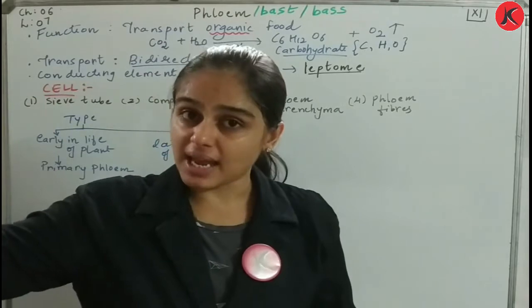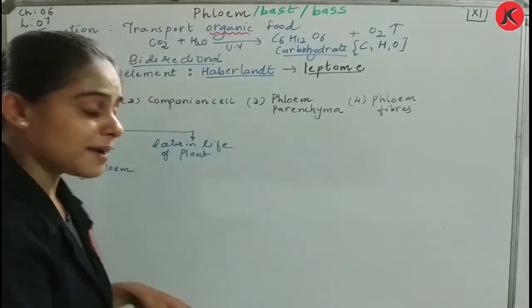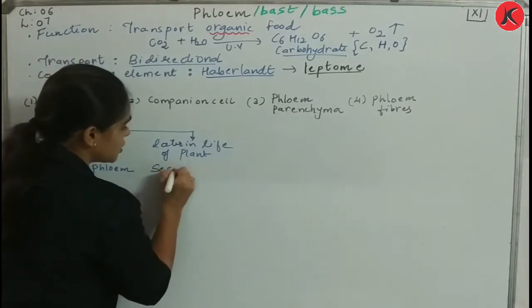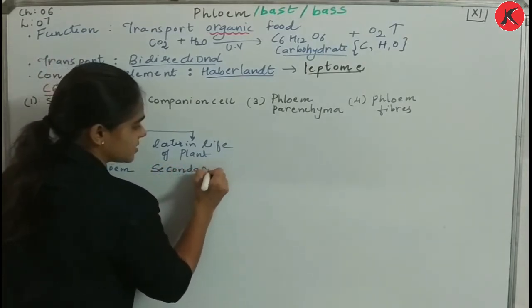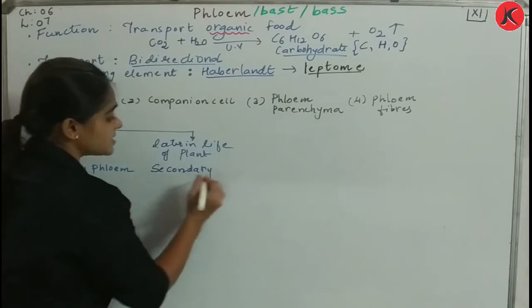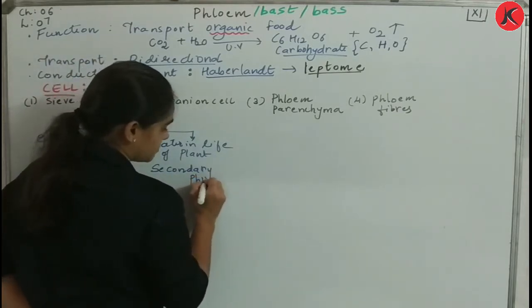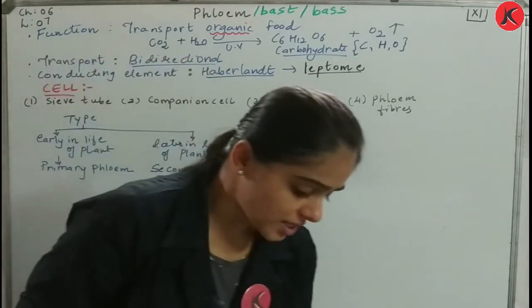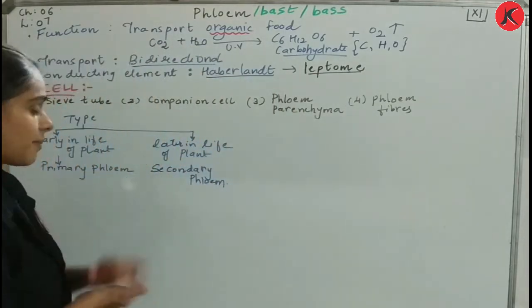That results in secondary growth. तो उस type पे जो phloem बने, that phloem is called as secondary phloem. What it is said, my dear students? It is said as your secondary phloem. Am I clear?